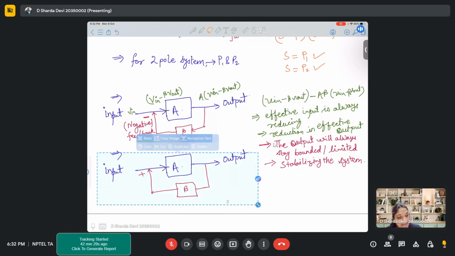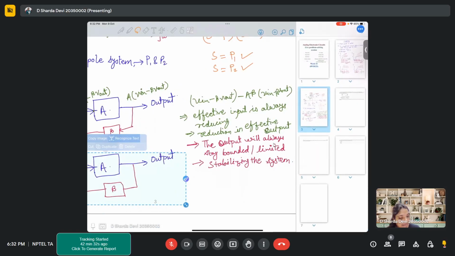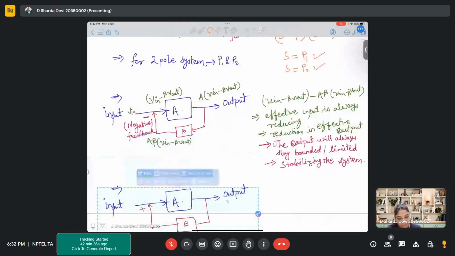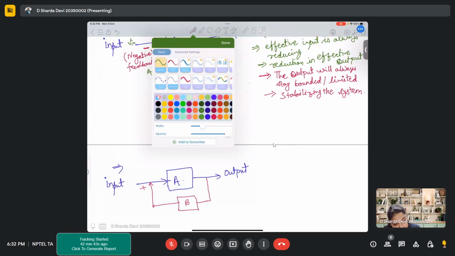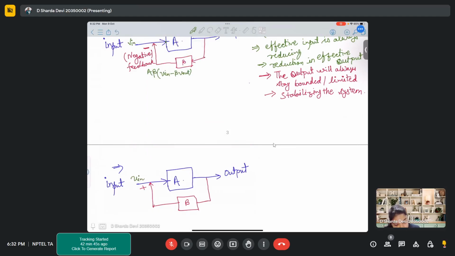So positive feedback is just opposite to your negative feedback, right? What will happen? In case of positive feedback, let's say you are starting with V in. At this particular point, you will have A times V in, or let's say you have already got some output, V out, at the beginning, so you have beta times V out.